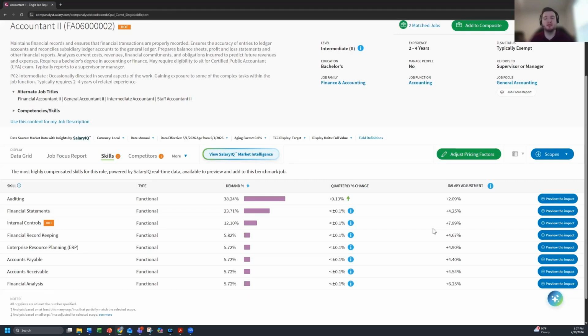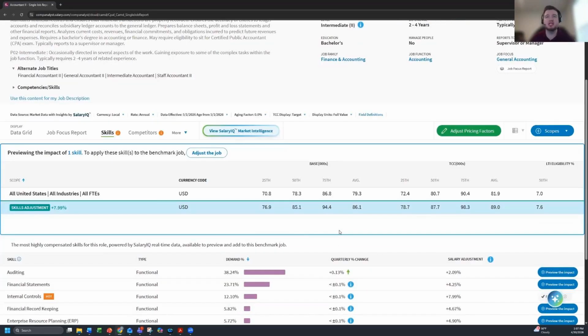And we've pulled this level of information over into this platform to help us in that skills-based pay conversation, help us identify internal employees who may need to be brought up because they contain these skills, or understand where to put new folks as they're coming in based on these skill sets. And what we can do is preview the impact of these skills back against the market data, and it's going to show us the impact to the salary that happens here.